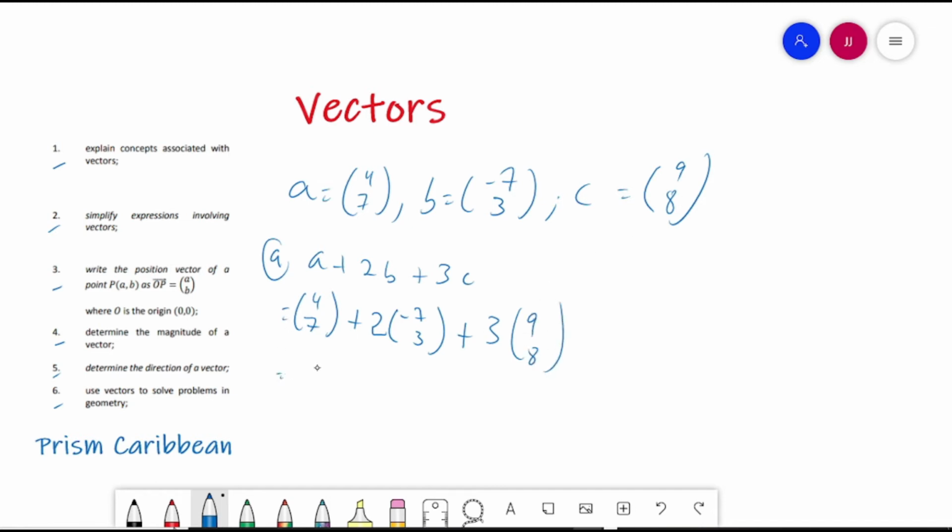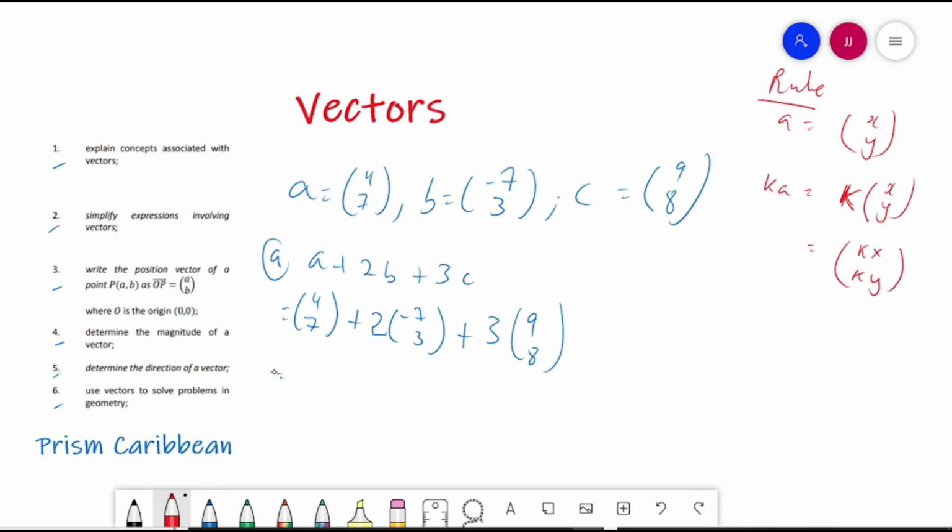With regards to vector multiplication, a key rule must be noted. Let's say A is equal to (x, y). That means kA is equal to k times (x, y), which is equal to (kx, ky).